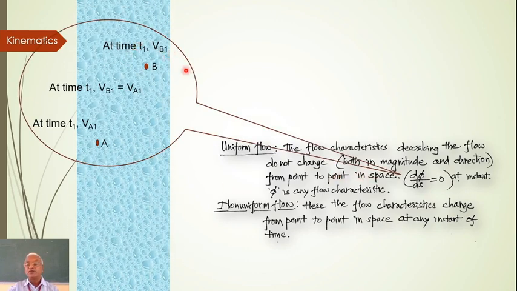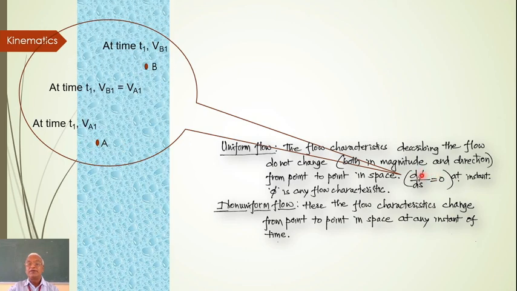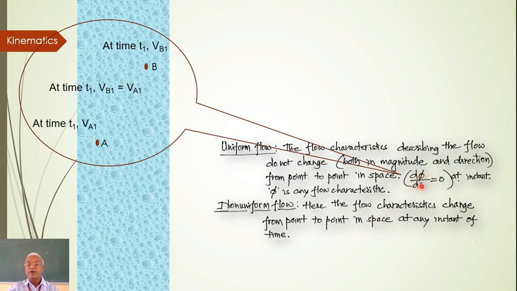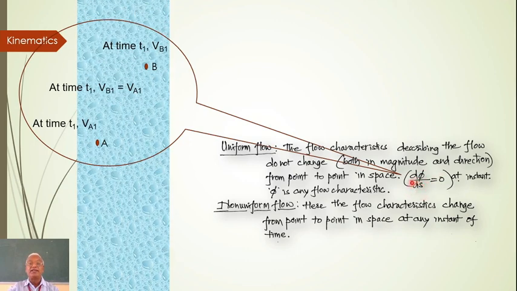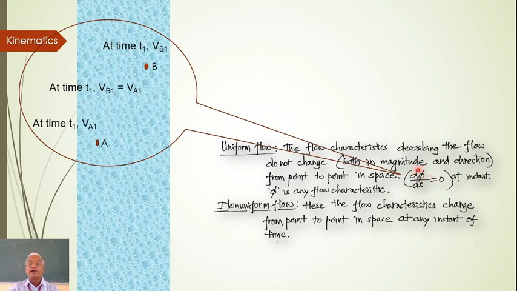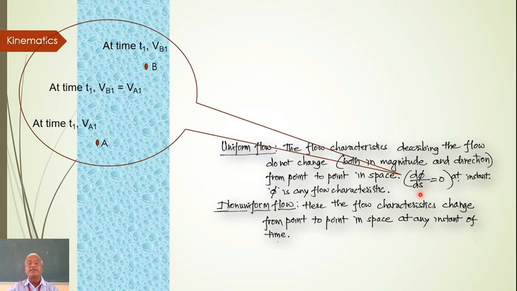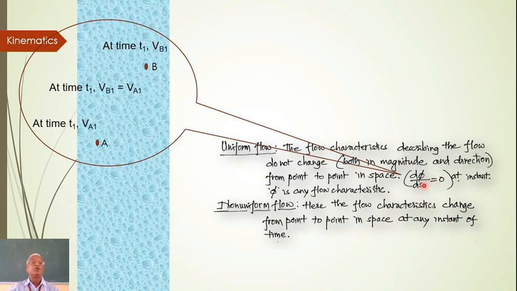So rather than just velocity, you can consider it as phi, d phi, but not with respect to time. Now the change is with respect to space. So change of fluid flow characteristics with respect to space, d phi by ds is equal to 0. There is no change.